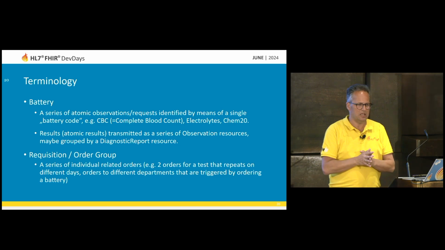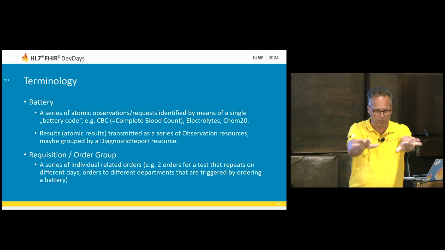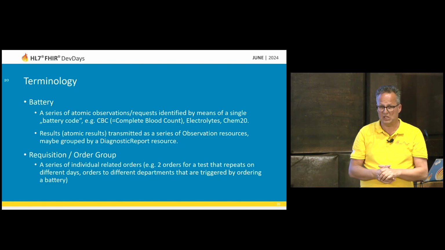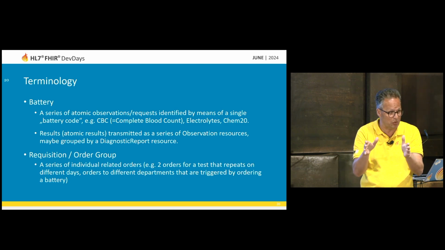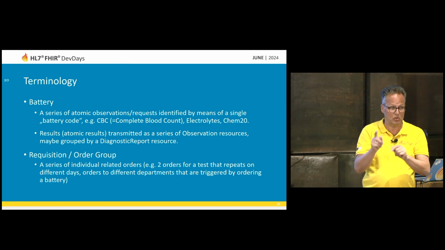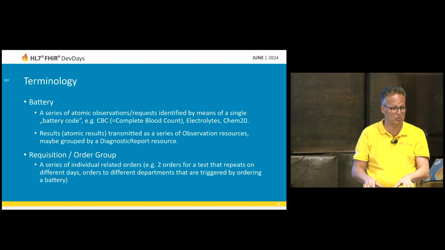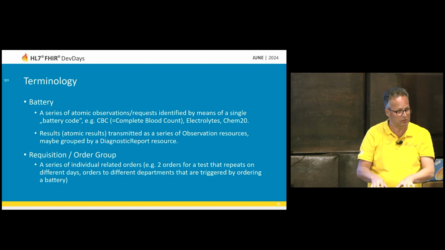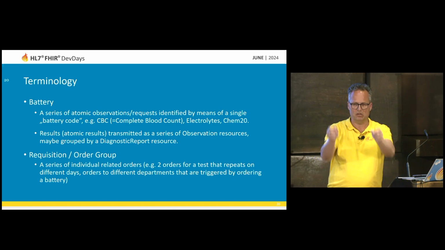And the other thing is the order group. If you're ordering multiple things, and actually each and every checkbox on this form, according to HL7 and also FHIR, is a separate service request. It's not one service request, the entire form. No, it's all separate service requests. Could be dozens of them on one form, right? But you want to somehow group them in some way so that these were all on the same form.